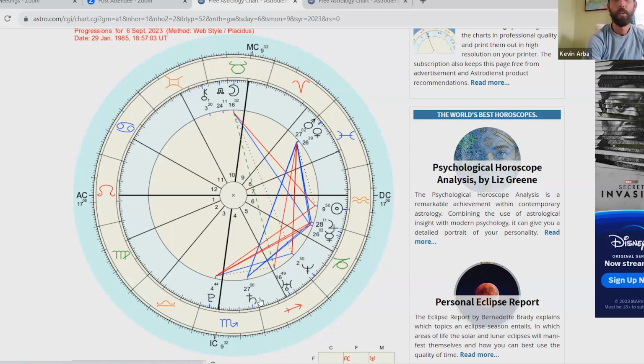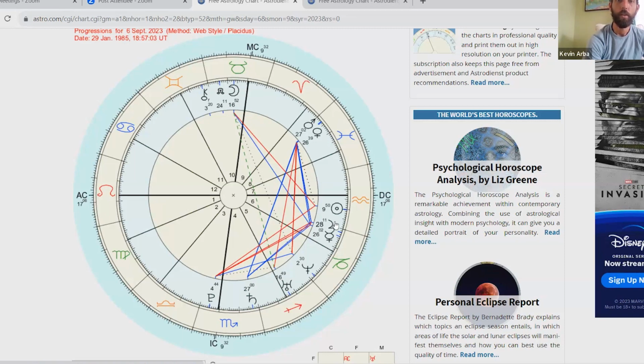And so now Saturn and Venus have progressed into a sextile with my natal north node and a trine to my natal south node, as well as a trine to my natal Saturn.